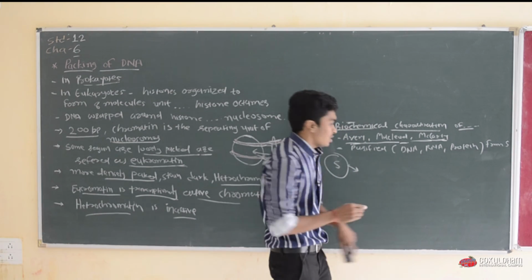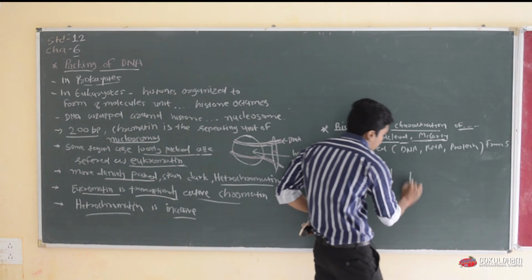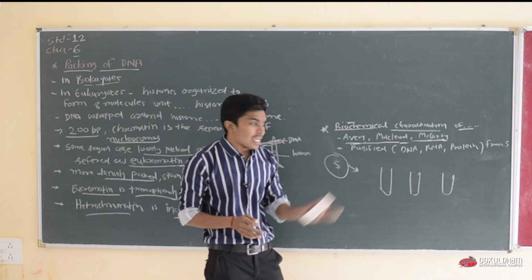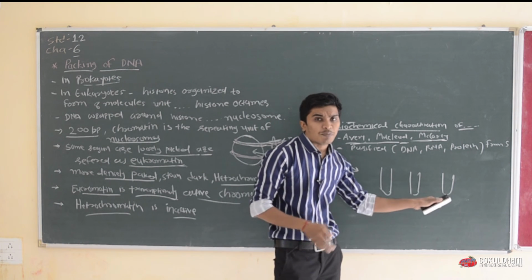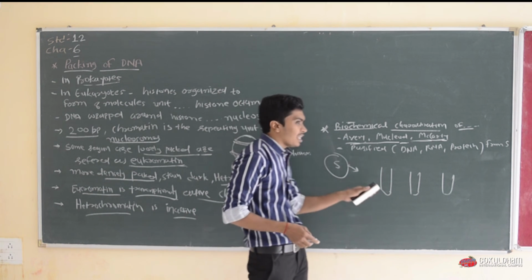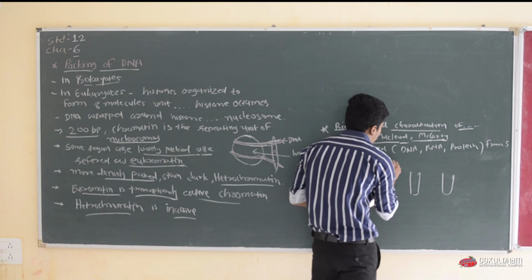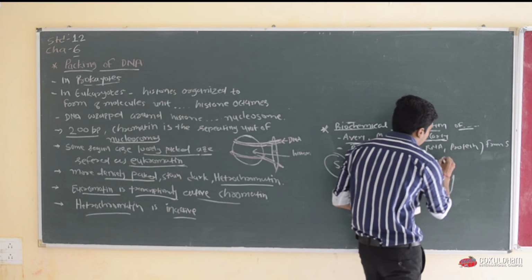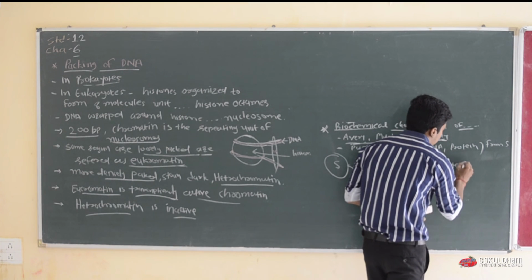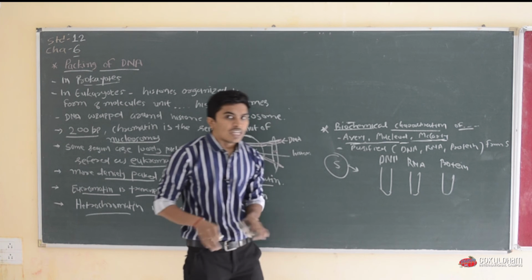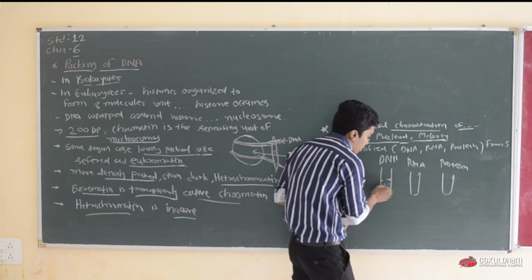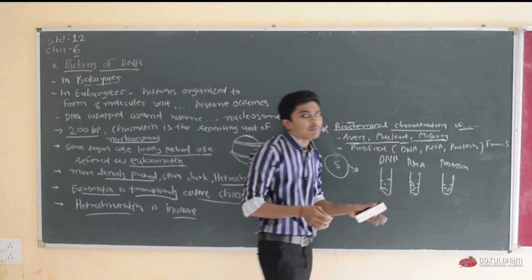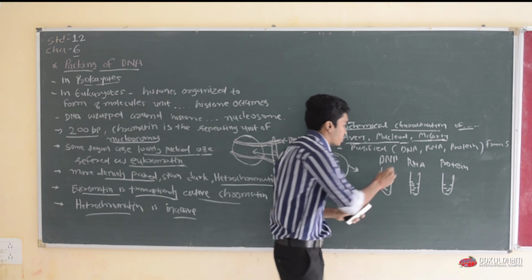They purified three things from the bacteria. The first one is DNA, another one is RNA, and the other is protein. Now we can understand what they would do with these purified molecules.